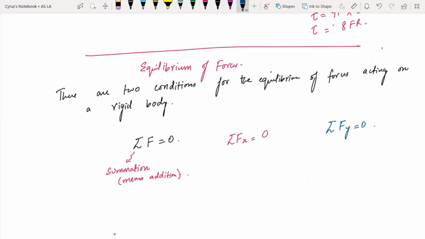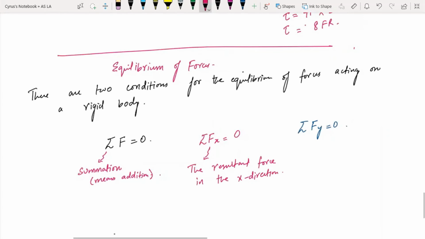ठीक है, so this is the resultant force in the x direction. And this is what, this is the resultant force in the y direction, right?